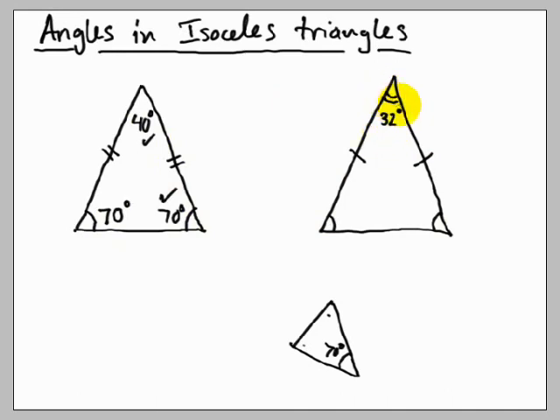So the double bars is a 32, and these single bars are the values of these two angles, which are the same. So how do I go about doing this one, which is just a little bit different than this one? Well, I know that this and this are the same, right? And I know that these all add up to 180. What I would do on this one, I'd first go 180, subtract 32, okay? And when we do that, we get 148.